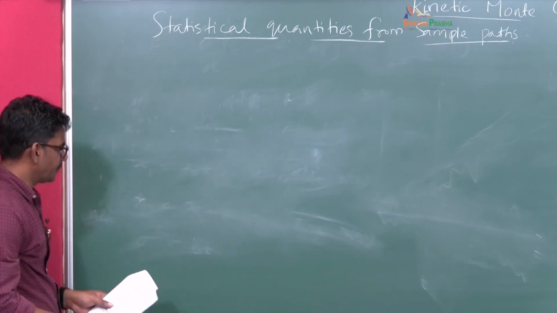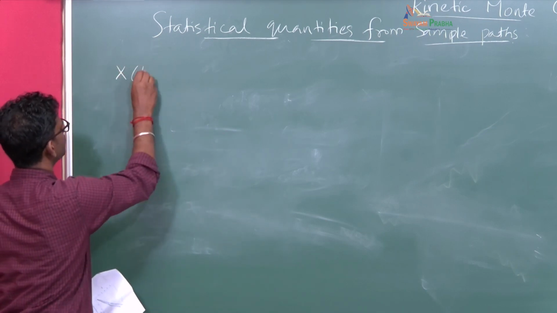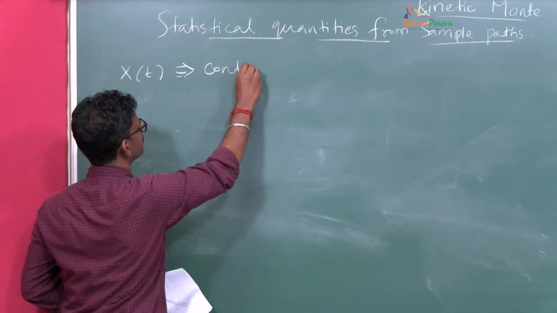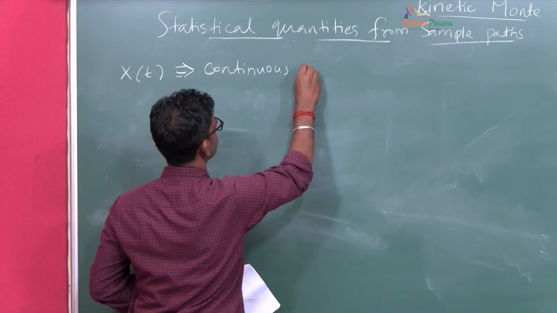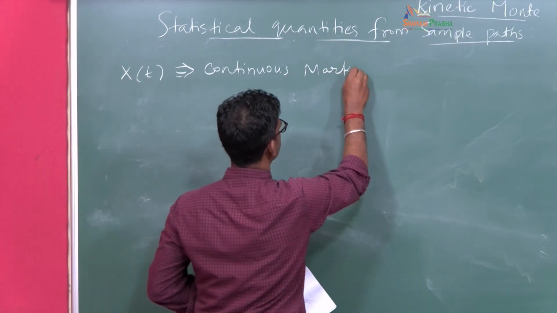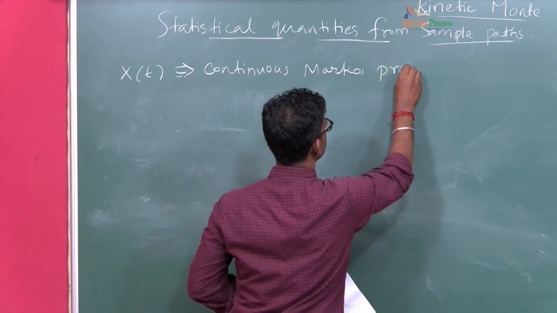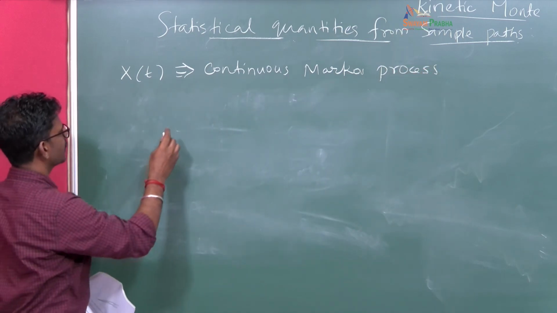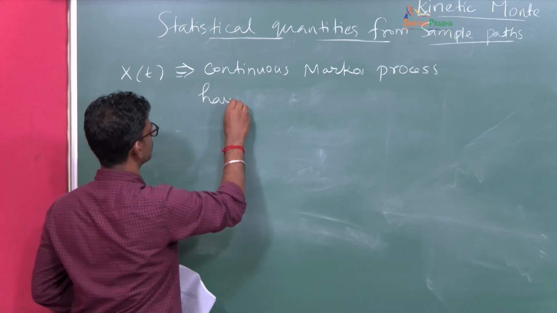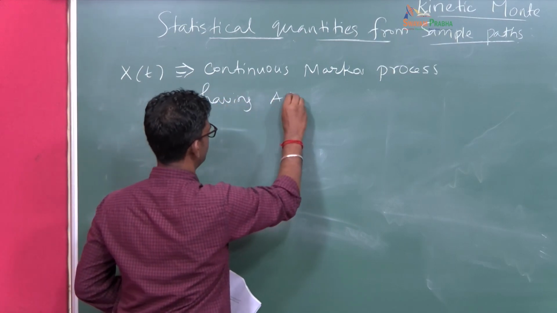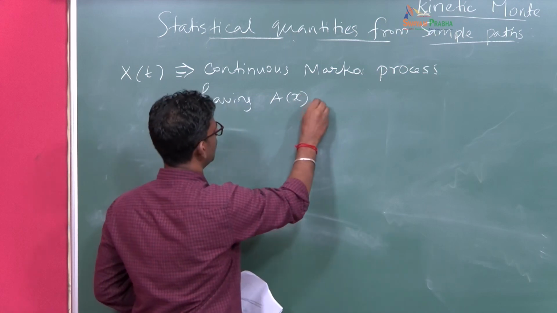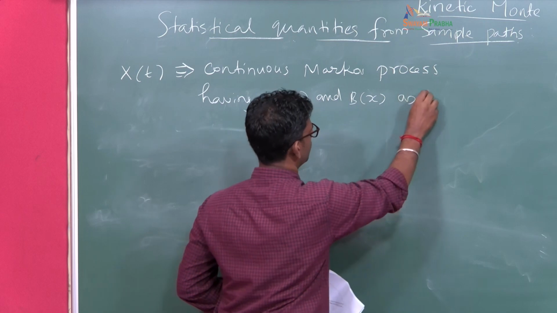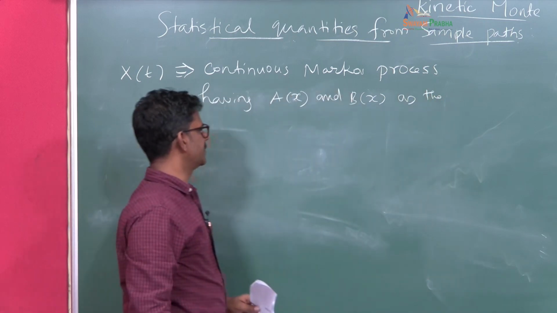Let's say that we have x of t. This is a continuous Markov process, having E of x and B of x as the characteristic functions.